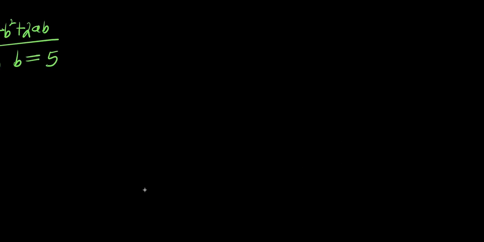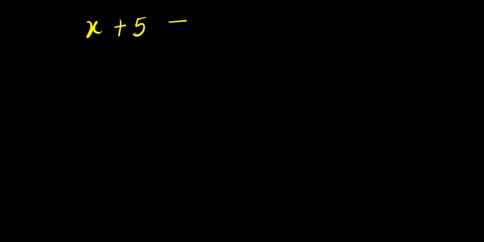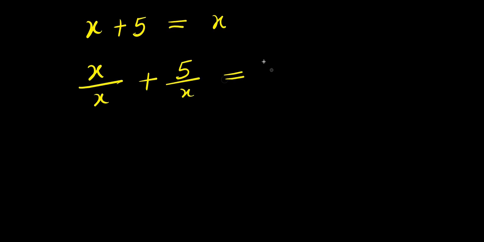Now, let's try another way again. The equation remains x plus 5 equals x. I can decide to divide each part of this equation by x: x divided by x plus 5 divided by x equals x divided by x.